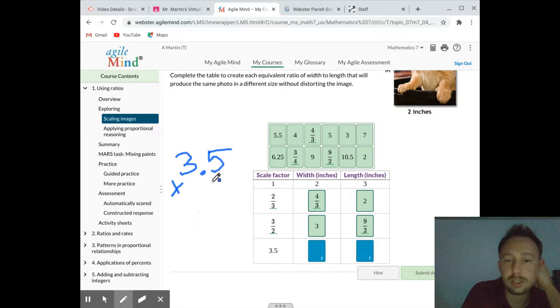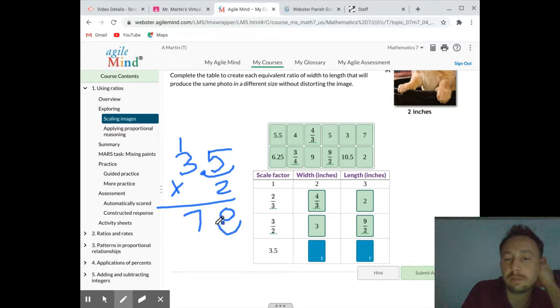All right. So once again, we can take 3.5 and multiply it by 2. 5 times 2 is what? 10. And 2 times 3 is? 6. And 6 plus 1 is? 7. And how many decimal places do we have from here to here? 1.